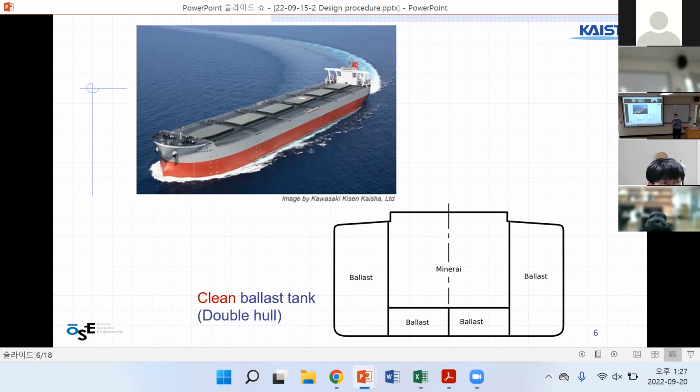But in old days, there was no such thing. 20 years ago, there were only single hull ships, because they were cheaper, right? Easy to build. Then what happened? They put mineral here once we go to Australia to bring coal or ore to Korea, and then returning back, the empty ship goes, right?